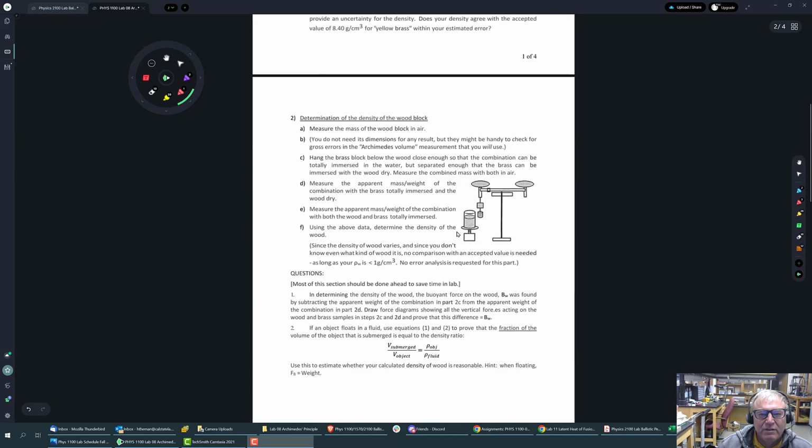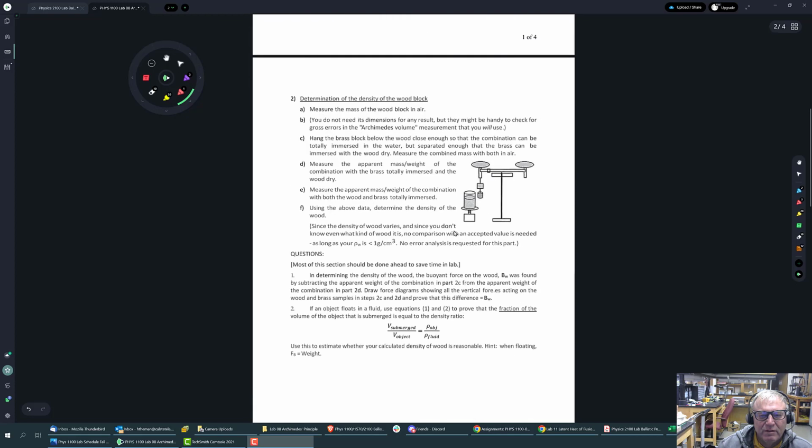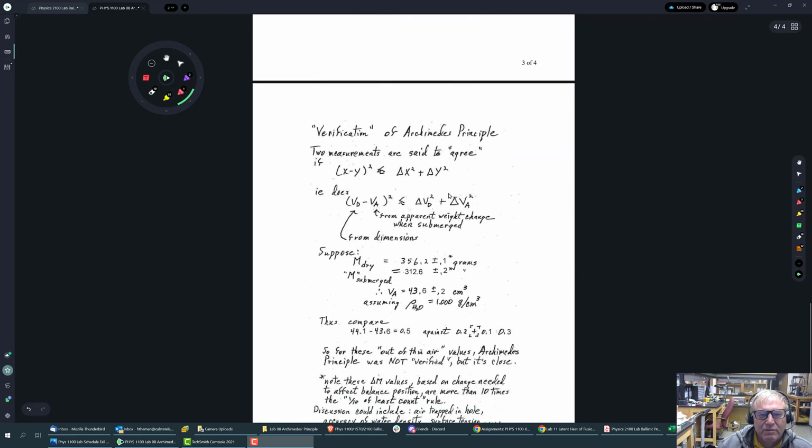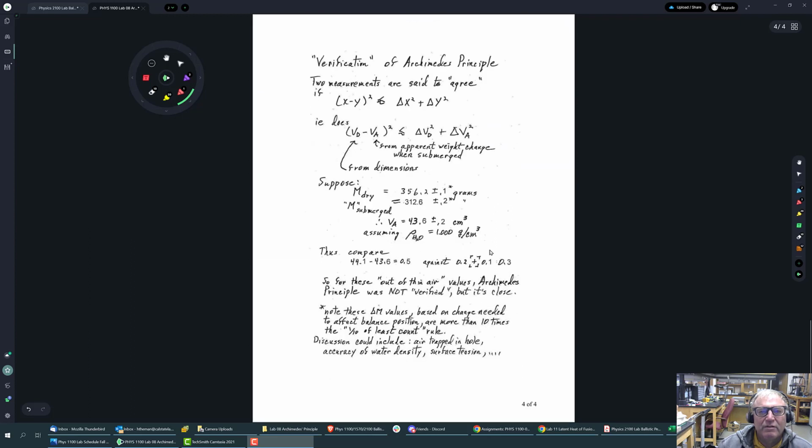Propagation of uncertainties, right? We've done this before. Well, let's see. Verification of the measures are said to agree if (x minus y) squared is... I see. That's another way of doing it. We do something very similar.